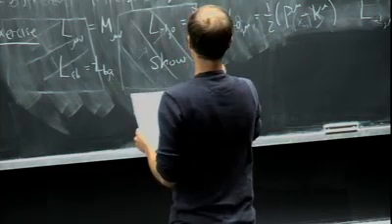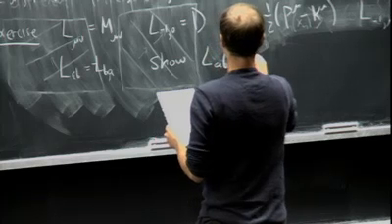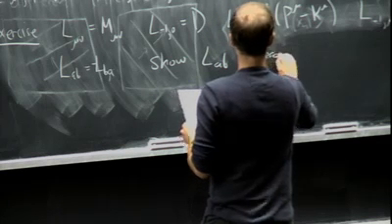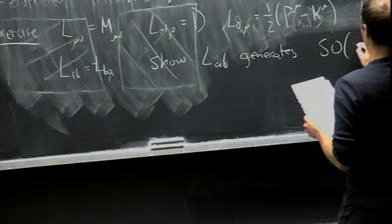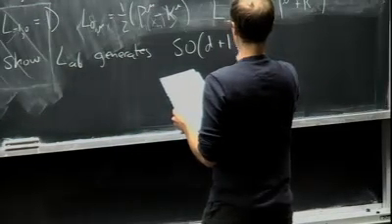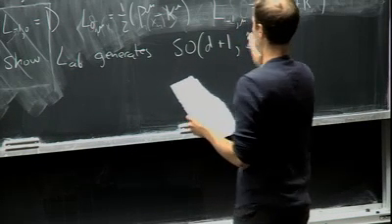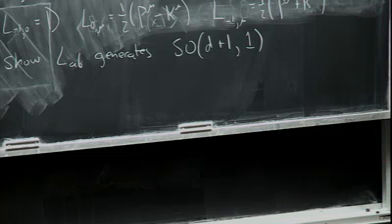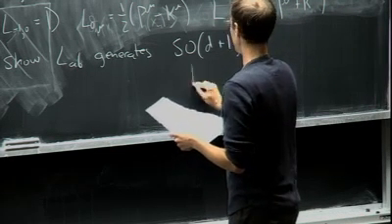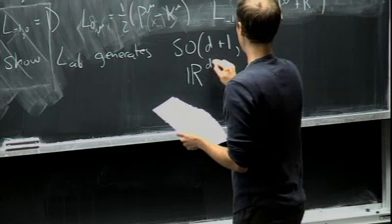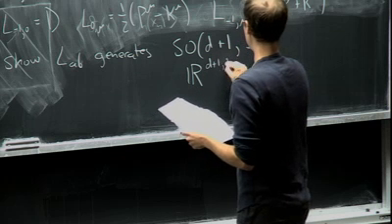Show that L_AB generates the group SO(D+1,1). Okay, so this is the group of rotations, of Lorentz transformations, in D+2-dimensional Minkowski space.